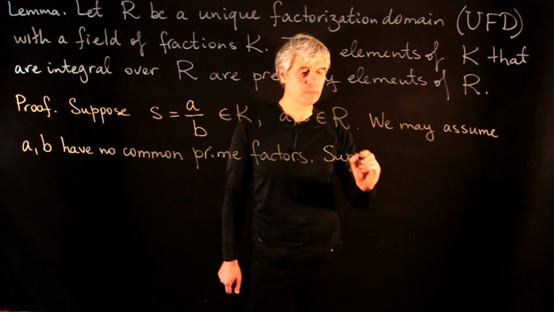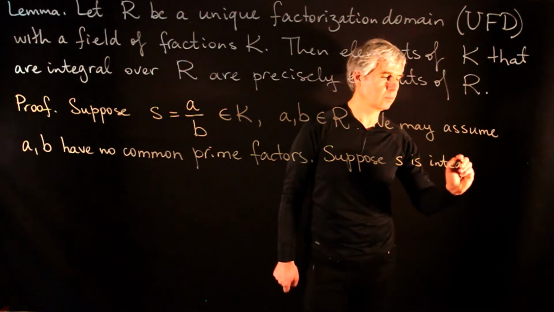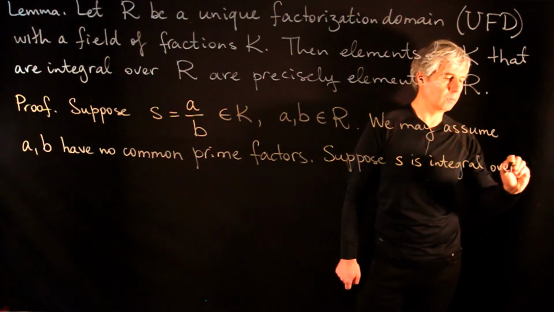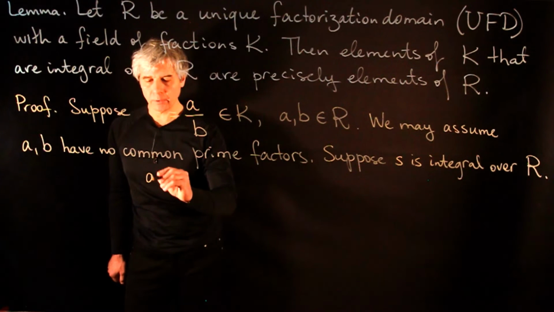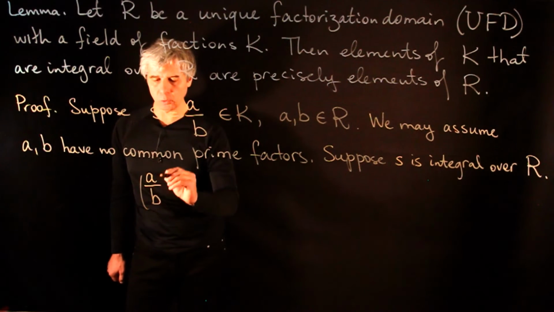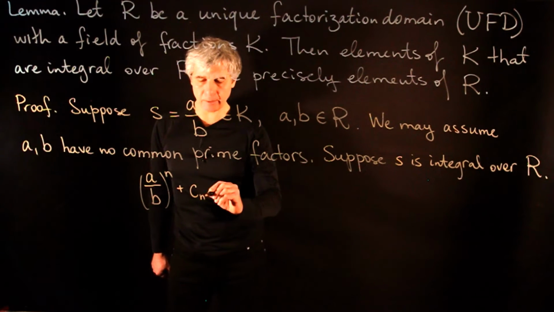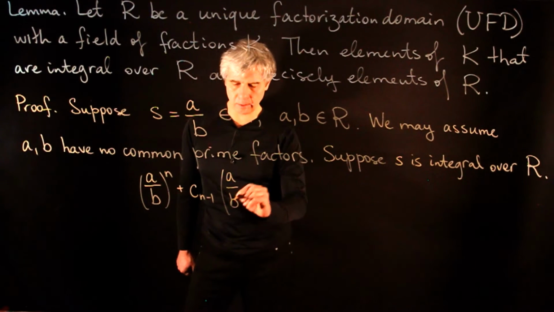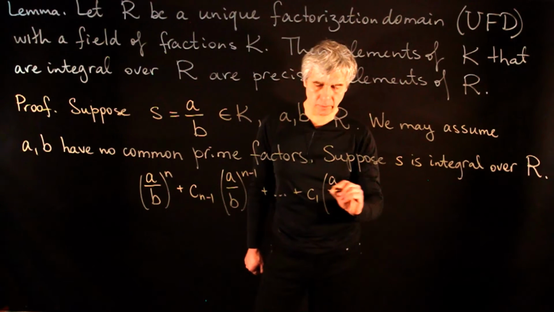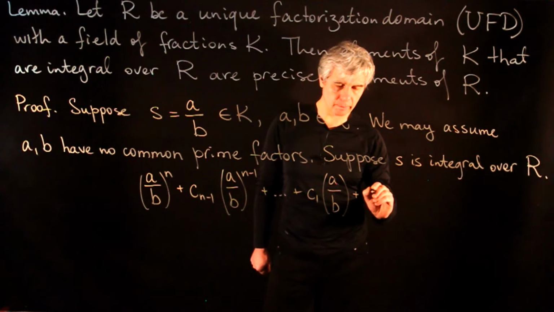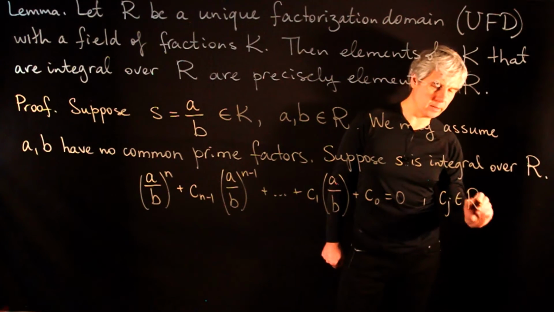Suppose s is integral over R. This means that there exists a monic polynomial for which a over b is a root. So we have (a/b) to the power n plus c_{n-1} (a/b) to the n minus 1 plus ... plus c_1 (a/b) plus c_0 is equal to 0, where the c_j's are in R.